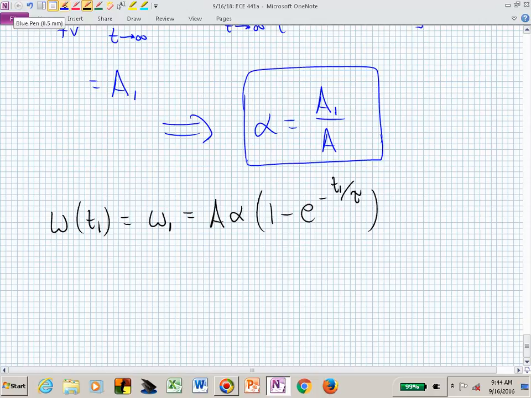This was given, as was T1. This A was known, and we just calculated alpha.